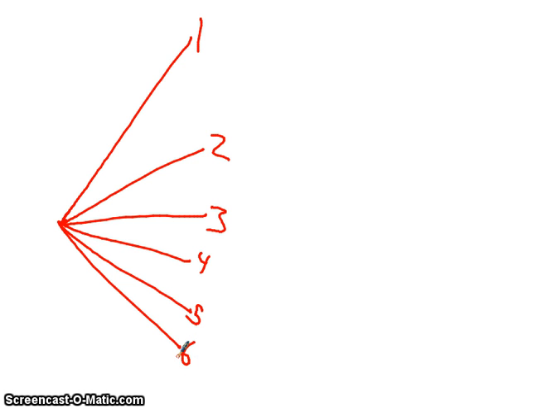And then on my second die, there are how many outcomes? 1, 2, 3, 4, 5, 6. And that's going to go all the way down.